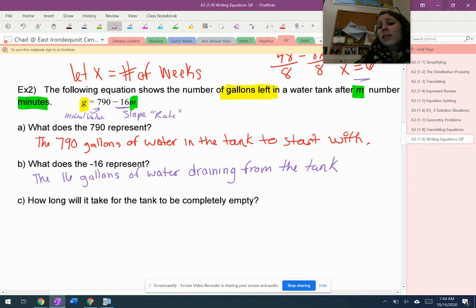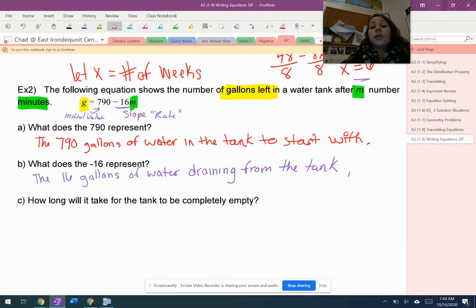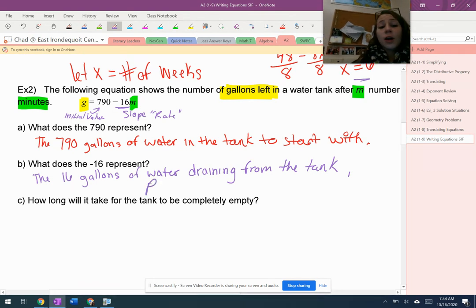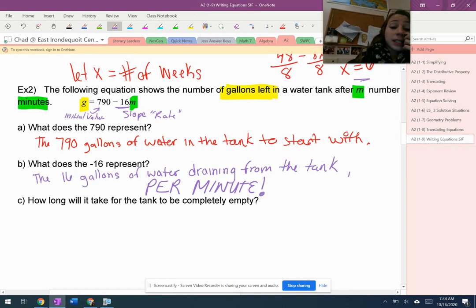And now this is the important thing, because you can't just say the 16 gallons of water draining from the tank, because that would imply that the 16 gallons is only happening once. You need to have the per minute. It's the 16 gallons draining from the tank per minute.